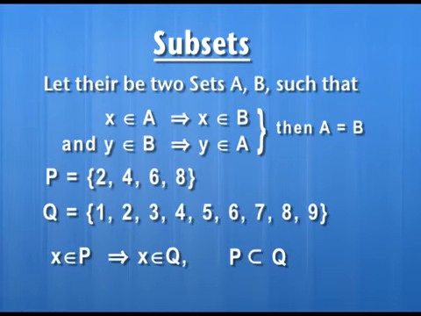What we observe is that all the elements of set P are included in set Q. Symbolically, we can say that x belonging to P implies x belongs to Q. In such cases, we say that set P is contained in set Q because all the elements of P are in set Q. We write it as P contained in Q. This symbol is for contained.